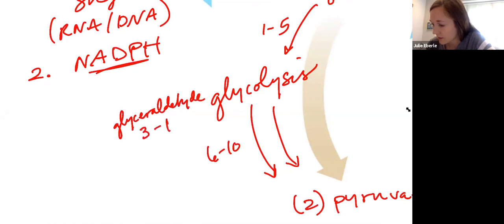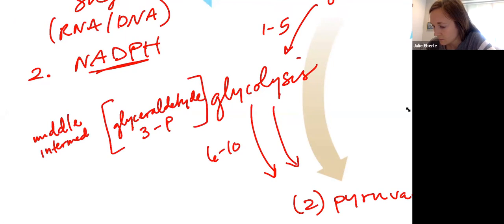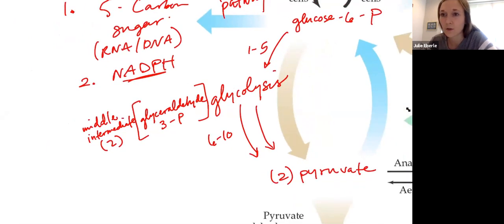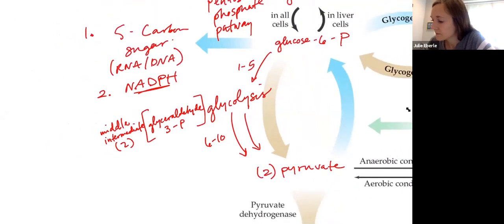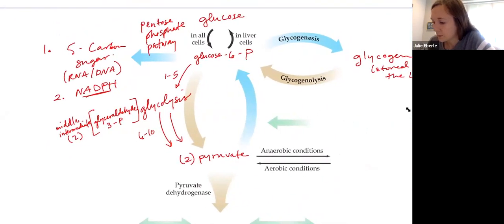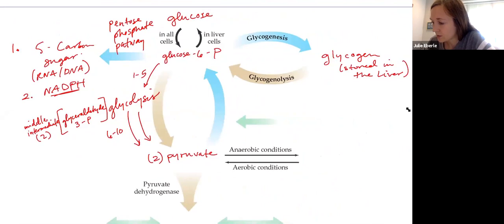Glyceraldehyde 3-phosphate. This is kind of the middle intermediate. So we get 2 of those, and then steps 6 through 10 are run twice for both molecules of glyceraldehyde 3-phosphate. Okay. Again, we'll jump into glycolysis a little more in just a minute.